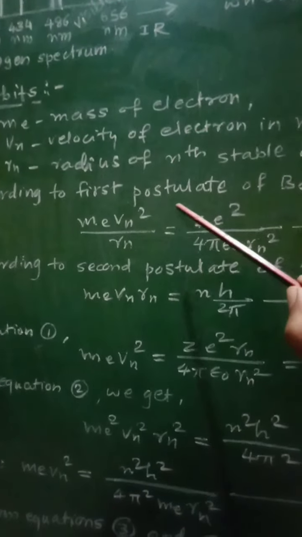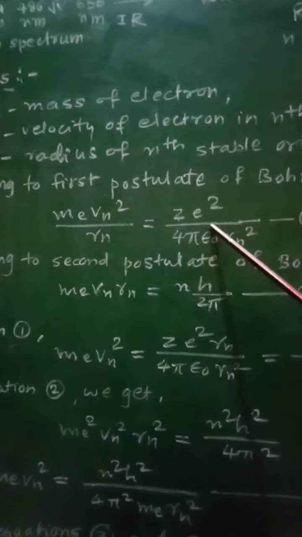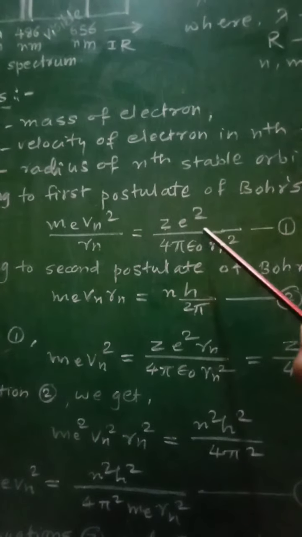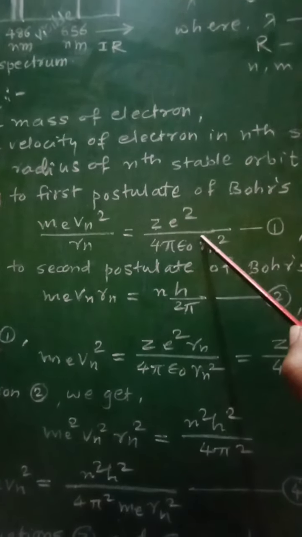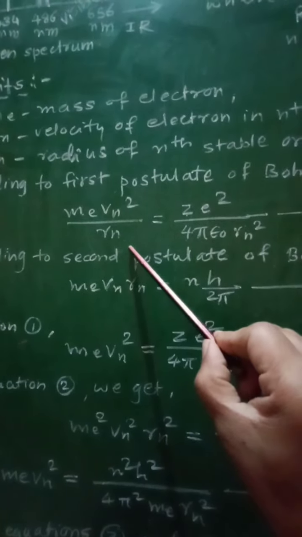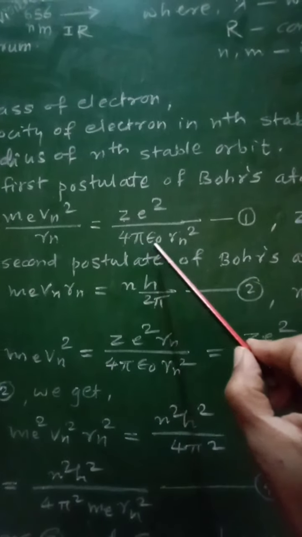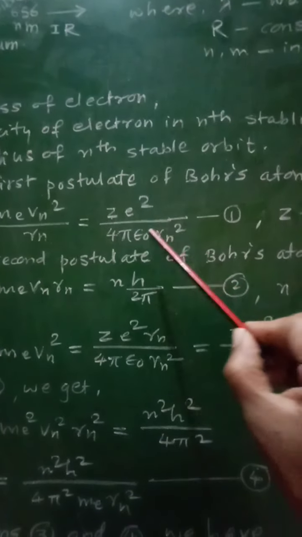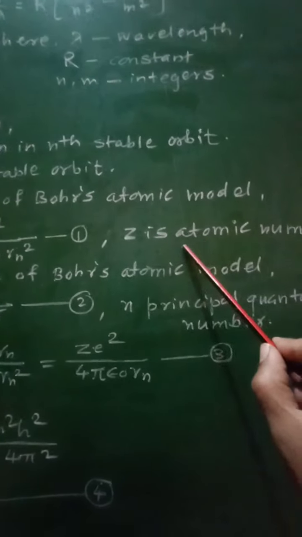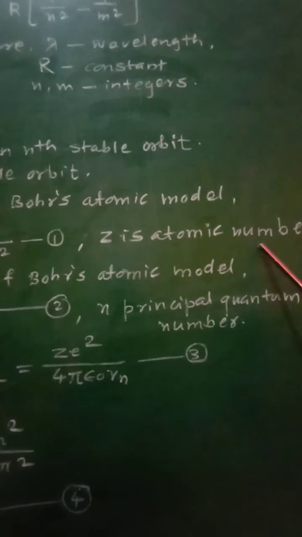We know that the centripetal force for the circular motion of the electron is provided by the electrostatic force of attraction between the positively charged nucleus and the negatively charged electron. This is equation number 1, where Z is the atomic number of the given element.